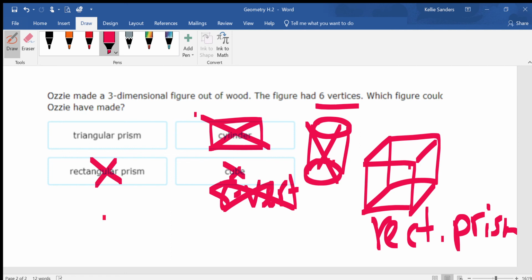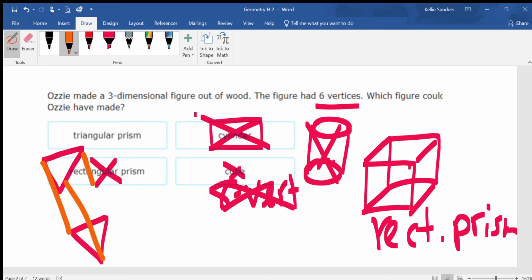Triangular prism means that it has a triangle as a base, and a triangle as another base, and the vertices are connected. So 3 corners for a triangle, and then 3 more corners for another triangle to make the bases, so it'd be a triangular prism.